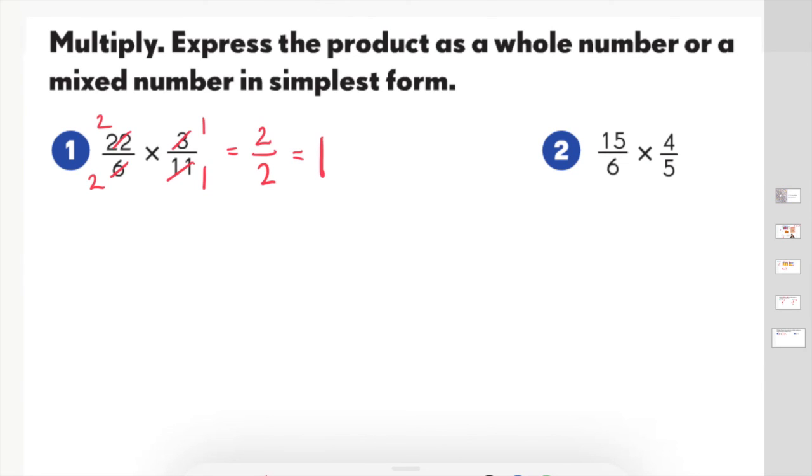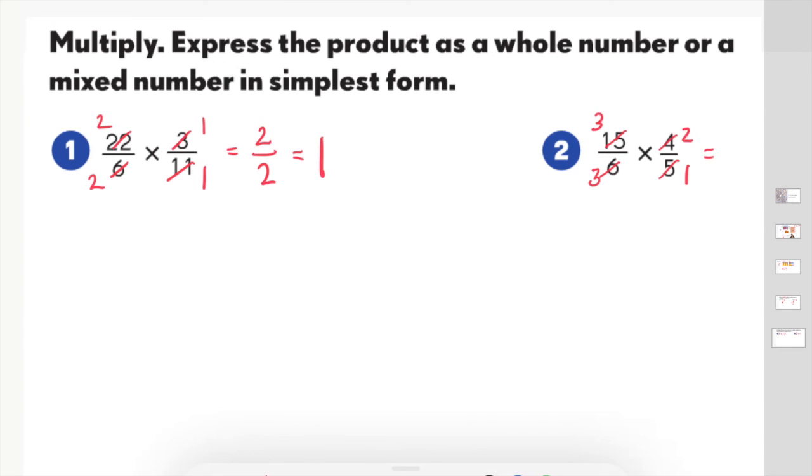Okay, looking at number 2. Hopefully you cross canceled. 5 divided by 5 is, not 5, is 1. And 15 divided by 5 is 3. And then cross canceling 4 and 6. 4 divided by 2 is 2, and 6 divided by 2 is 3.